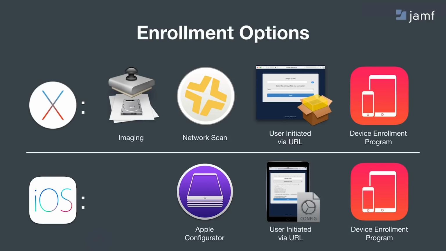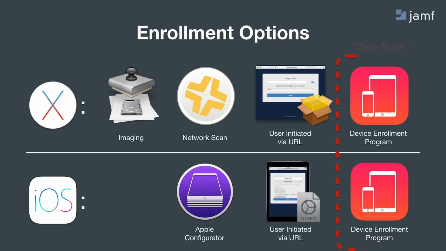Then you also have the ability to do a network scan to pull in any devices, or you can do a user-initiated enrollment as well, where a user simply goes to a website, downloads a little enrollment profile, and it enrolls their device. On the iOS side of things, very similar too. You can either enroll a device using Apple Configurator, or you can tell your users to go to a URL. Both require that either the user touches the device or IT touches the device and goes through these very specific steps.